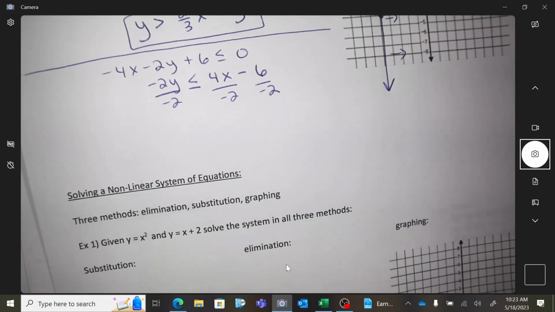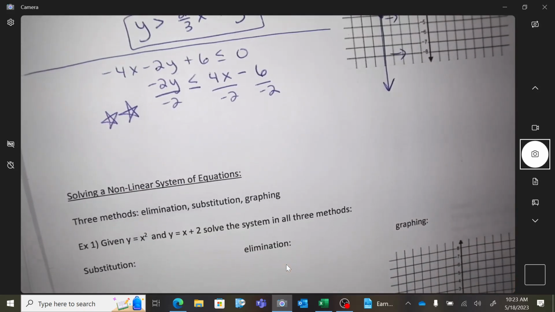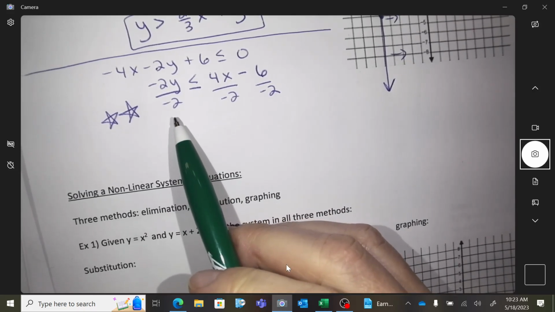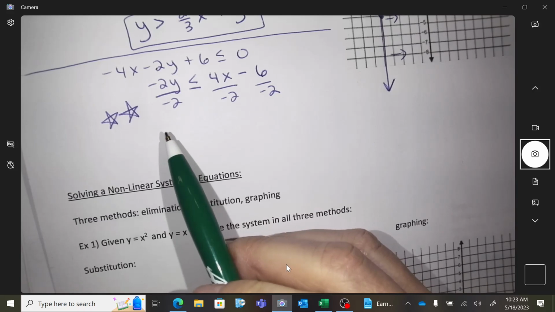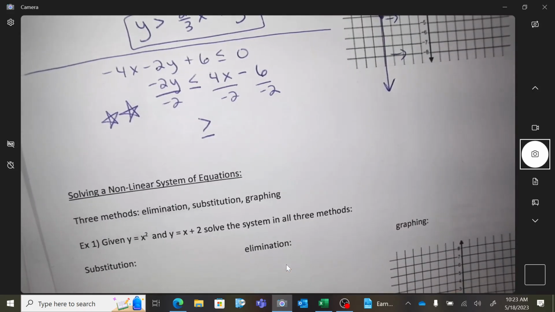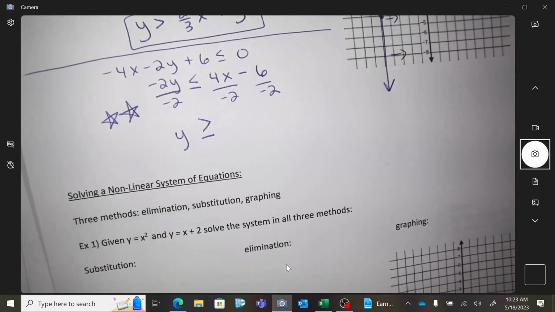Okay, this is just a math rule you're going to have to remember. Sorry, I can't help you. It doesn't tie to anything. It's just a memory thing. If you divide or times by a negative value, your sign flips over. What? Okay.